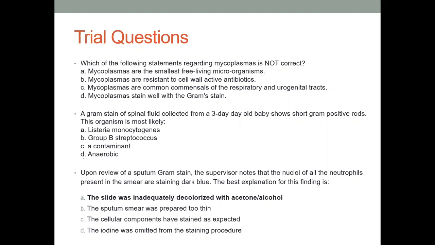Okay, all right. Then again, try more. We are looking at the groups that constitute the beta hemolytic streptococci. So we have group A, group B, group C, group F, group G. They are all beta hemolytic strep.